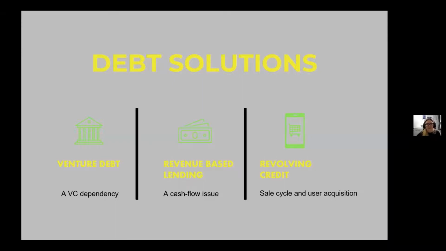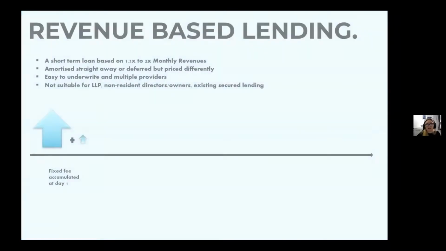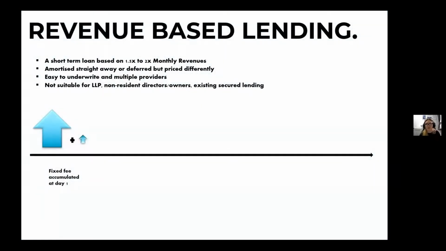The second solution is revenue-based lending. You guys have heard about it, it is everywhere, and we know because some of the people in our industry have done an amazing job informing the ecosystem across Europe about the benefits of revenue-based lending.